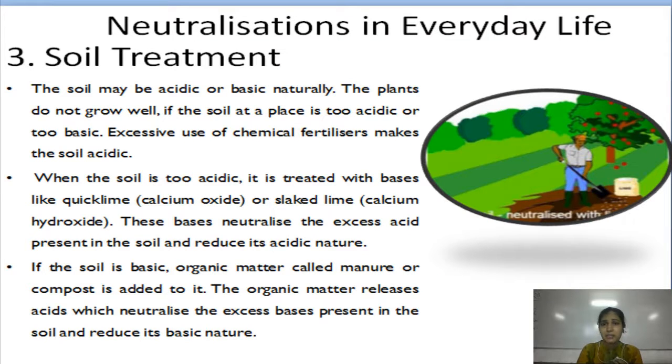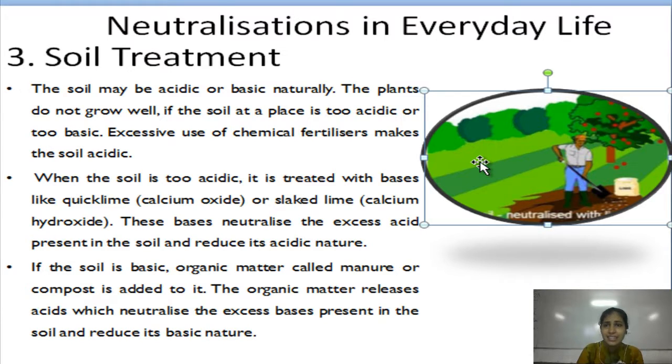Third is soil treatment. The soil may be either acidic or basic or neutral. The plants do not grow well if the soil at a place is either too acidic or too basic. Excessive use of chemical fertilizers makes the soil acidic. So when the soil is too acidic, it is treated with bases like quicklime, calcium oxide, or slaked lime, calcium hydroxide.